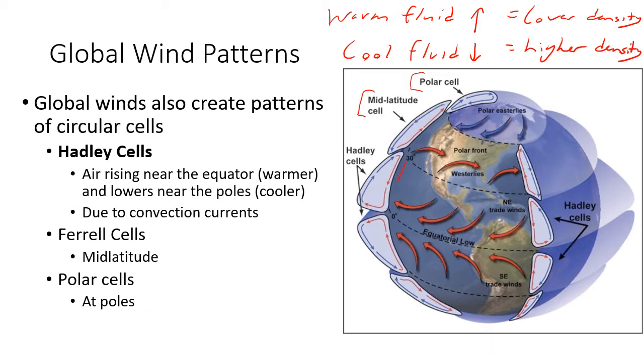So wind is moving south from 30 degrees north to about the equator, where it will rise again and complete that cycle. Essentially the same thing is happening with the mid-latitude cells and the polar cells, except the polar cells are a little bit different because they don't have any warm inputs, because it's the polar regions.